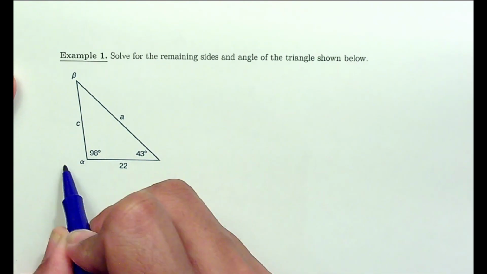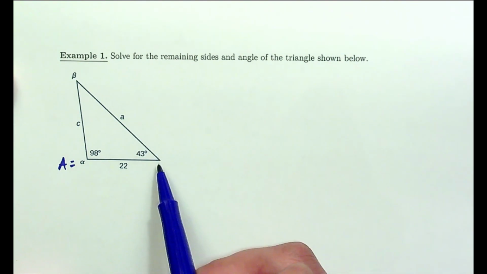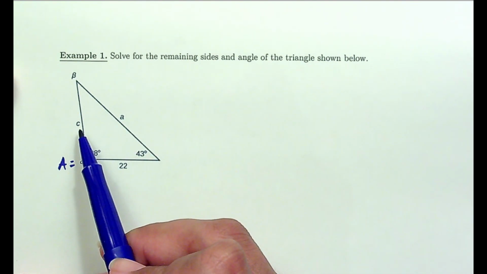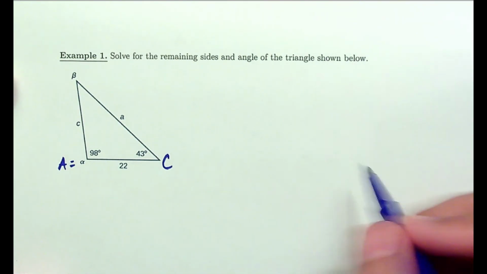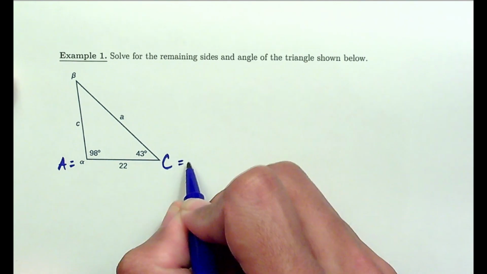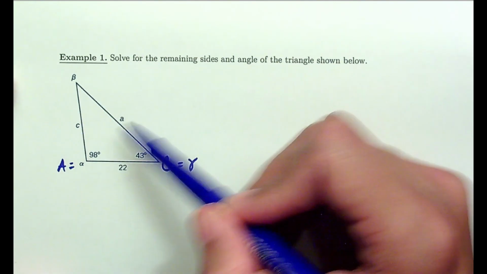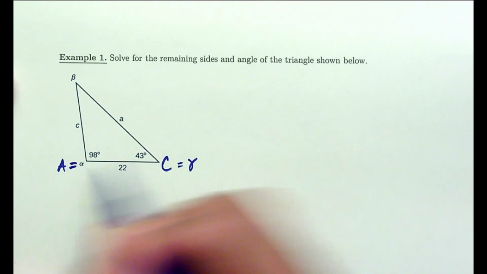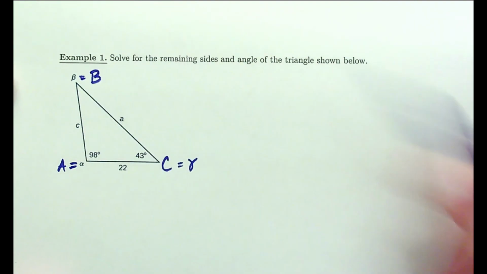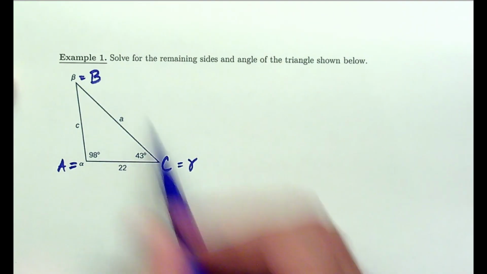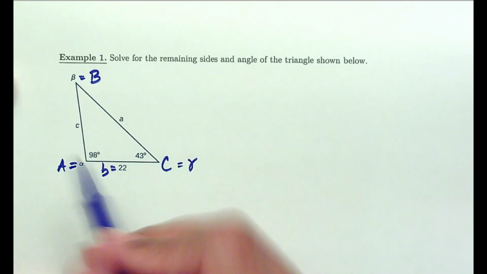So alpha is the same as A. This angle, because it is opposite to little c, has to be capital C. There's no choice, it has to be capital C, or gamma if you're using Greek letters. And because I already used A and C, this one should be B, beta, capital B. And the side opposite to capital B has to be lowercase b.